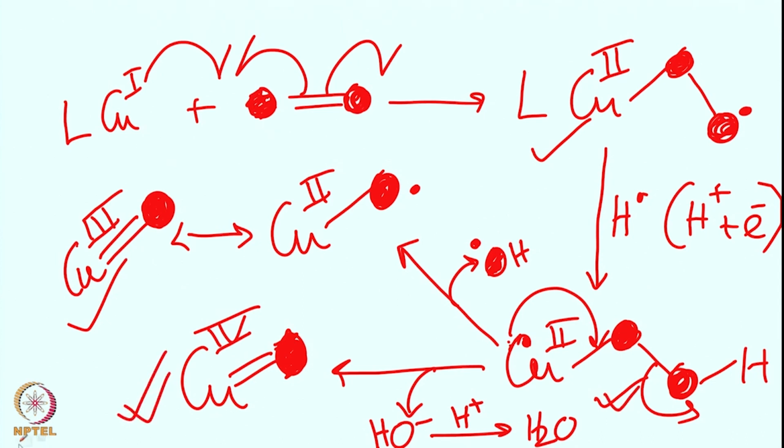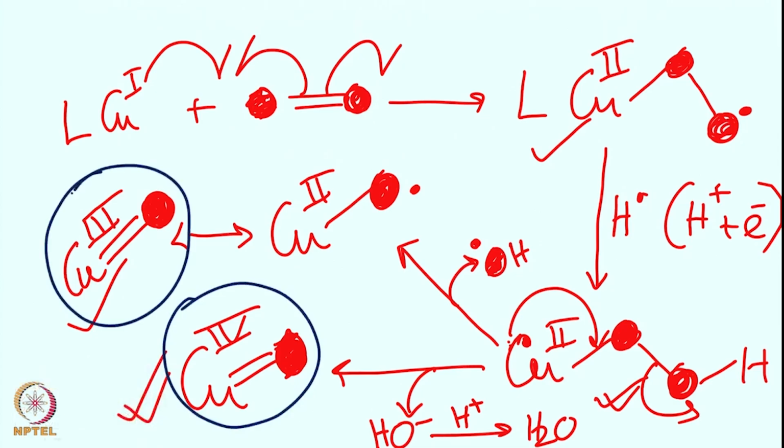All these species can be further debated, but again in absence of suitable experimental studies, we can keep thinking that these are all possible intermediates that are responsible for the chemistry, right.